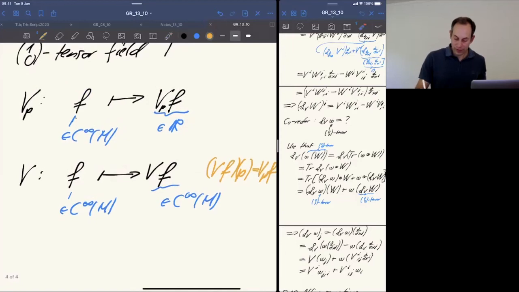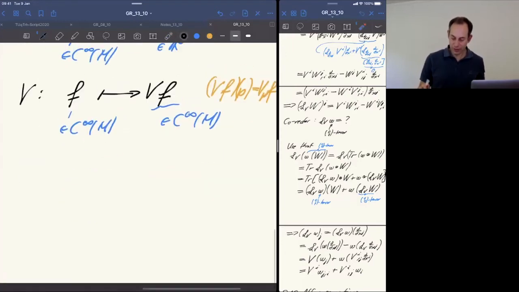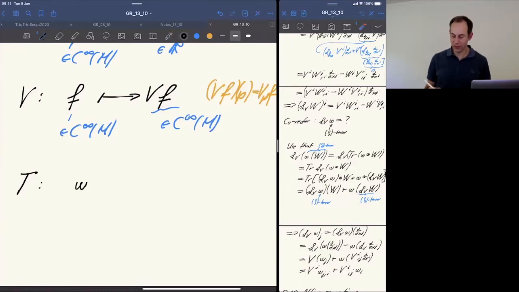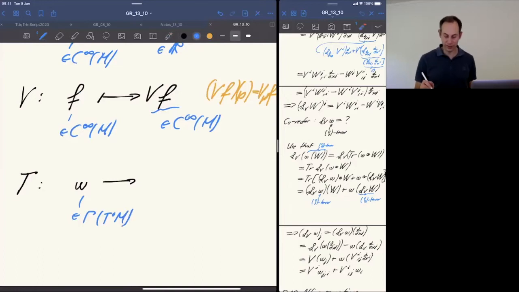Now, for a tensor field, we have this kind of duality thing. So let me first recall what it is in this particular case. A tensor field is something that takes a covector field. Before, I had a covector field, something like omega, an element of this thing. So these are covector fields. By the way, V is a vector field, that was the notation for a vector field.